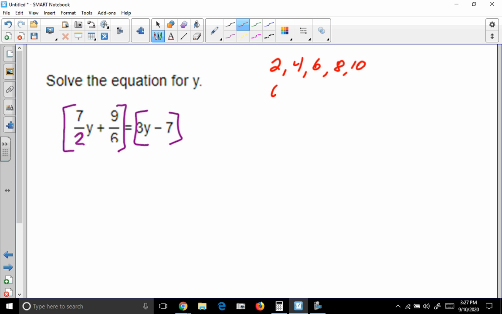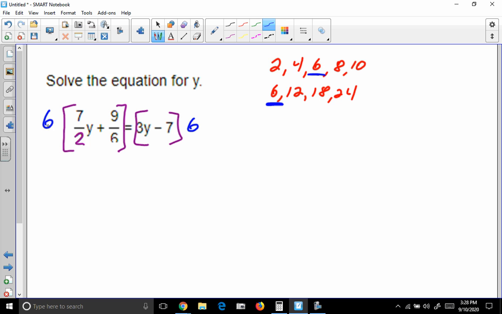Multiples of 6 are 6, 12, 18, 24. So the smallest number that is a multiple of 2 and a multiple of 6 is 6. So we can multiply both sides by 6, and that's going to make our denominator go away.